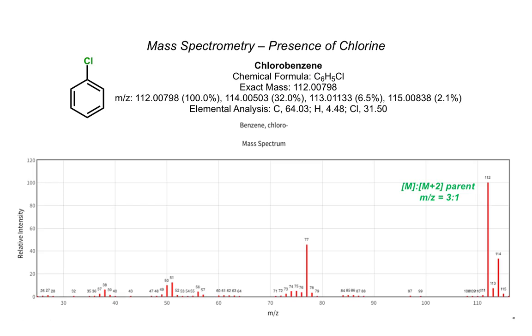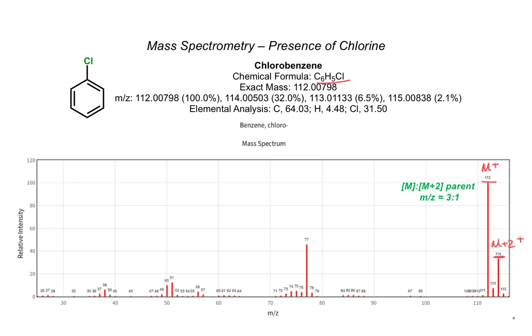For chlorobenzene, C6H5Cl, notice now the parent is at 112. So this is your M plus. Then if you look at the next tallest peak after that, it's 114. So that's M plus 2.